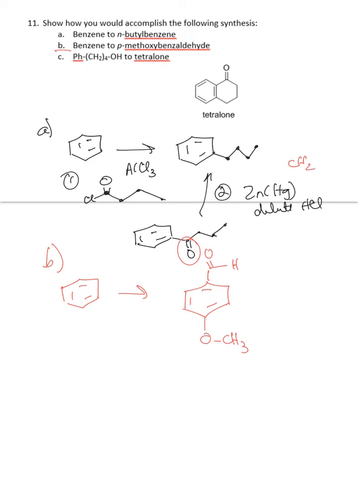What you want to do is first just aluminum trichloride with chlorine. So you want to do a halogenation of benzene to give you the chlorobenzene.